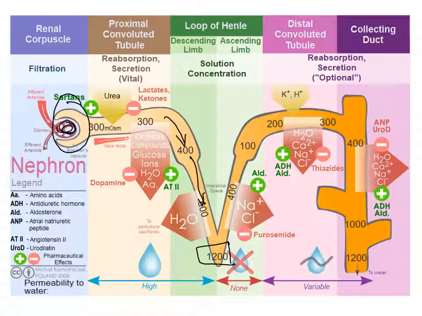per liter. Now suddenly, the ascending loop of Henle is not able to let any water out. But we're still going to take out sodium and chloride and things like that. So as we're pulling all the salt out, whatever is left here is going to become more and more dilute and less concentrated.